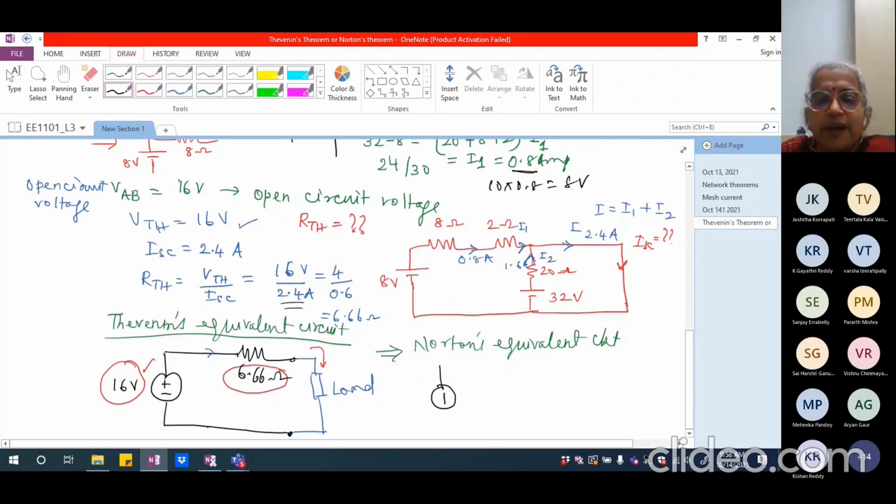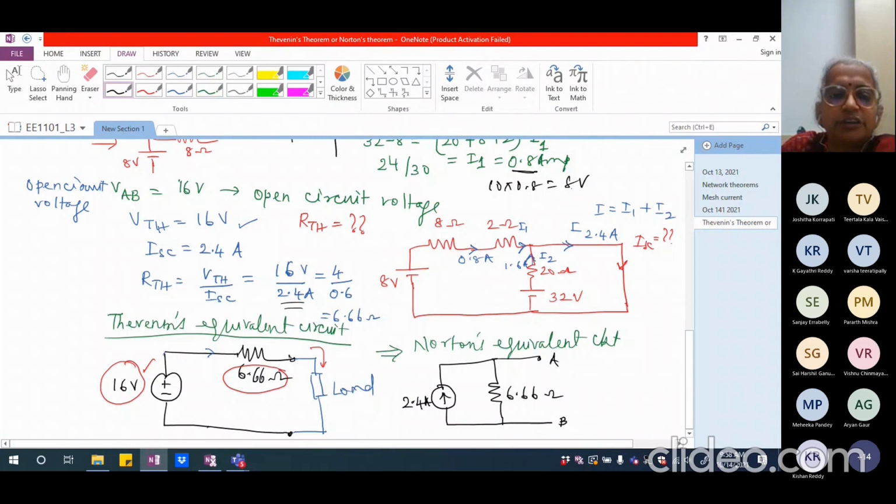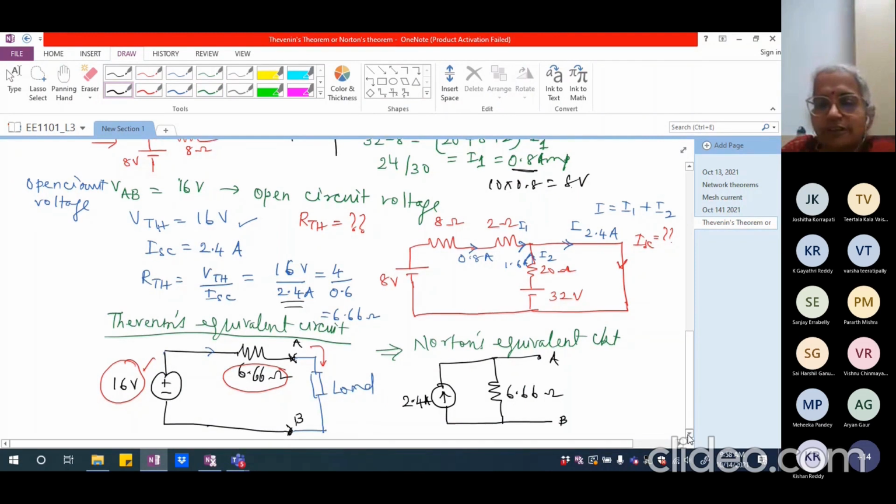So I can represent this by a 2.4 ampere current source, which is connected in parallel with the 6.66 ohm. And this is the terminal A and B. So this is terminal A and B in the case of Thevenin's, and this is the terminal A and B in the case of Norton.